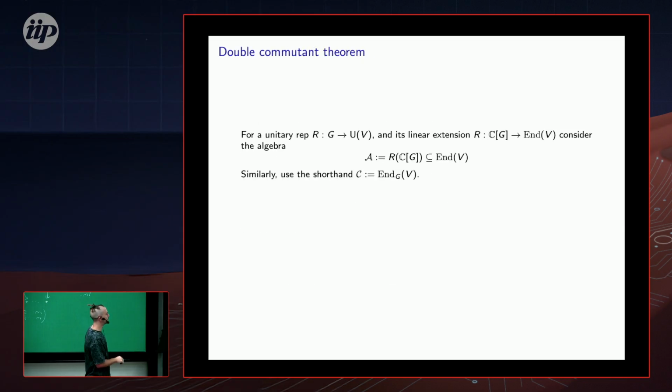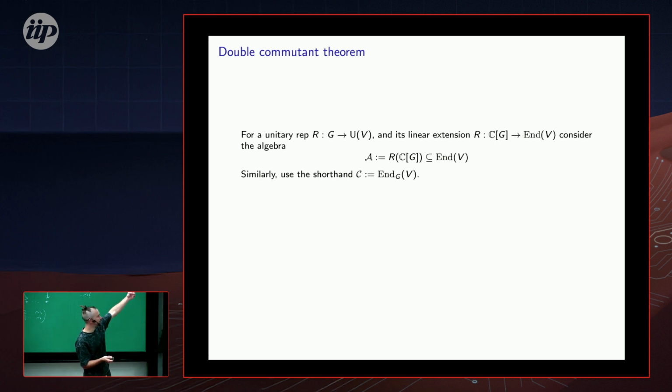The double commutant theorem is this very general result, which Schur-Weil duality is an instance of, that says that if you take the group algebra and embed it into the linear operators on V and call it A, and now use C for the invariant operators, that's also a subalgebra.